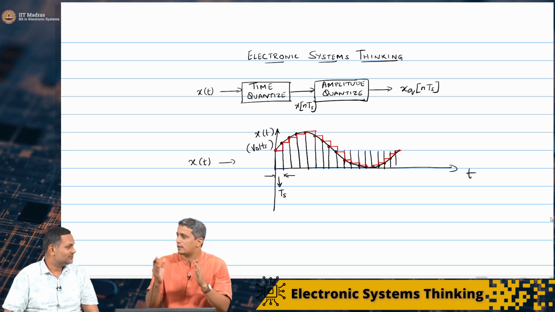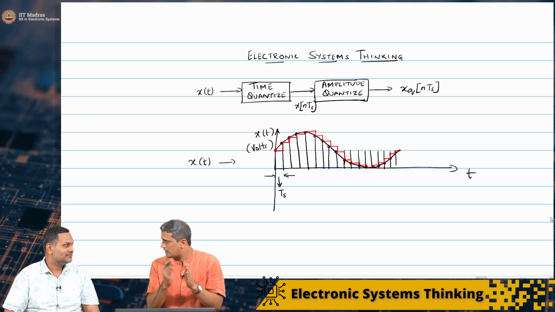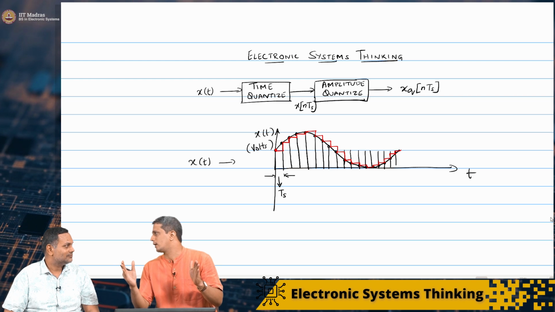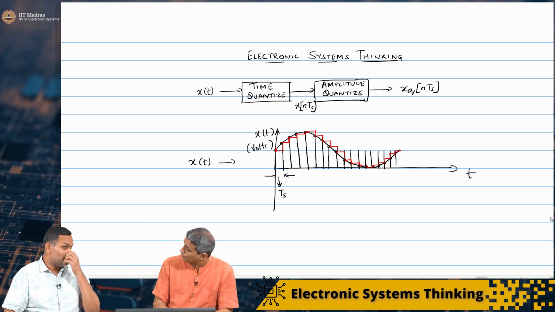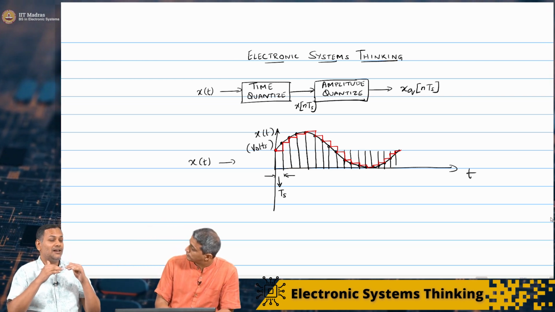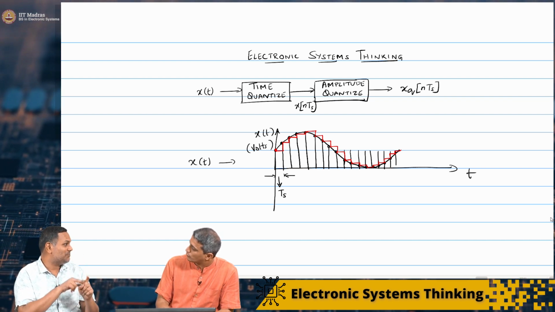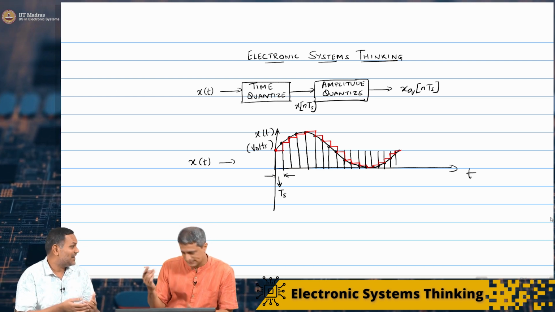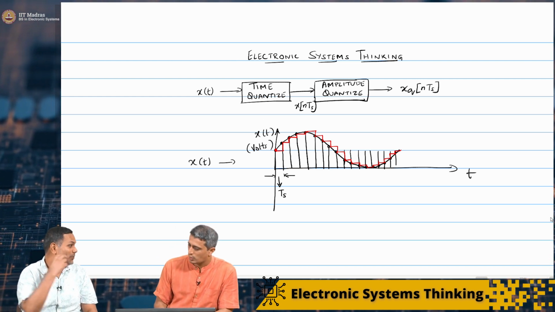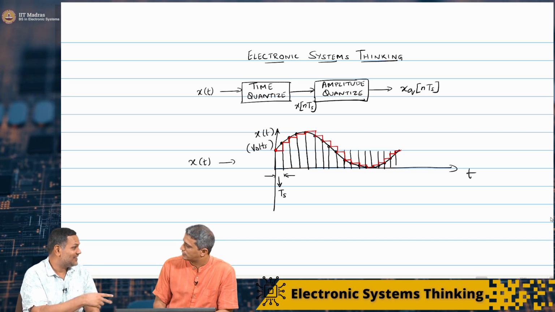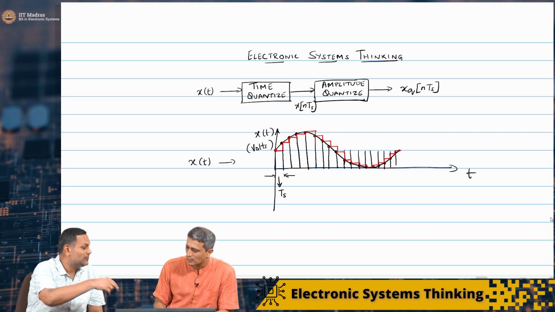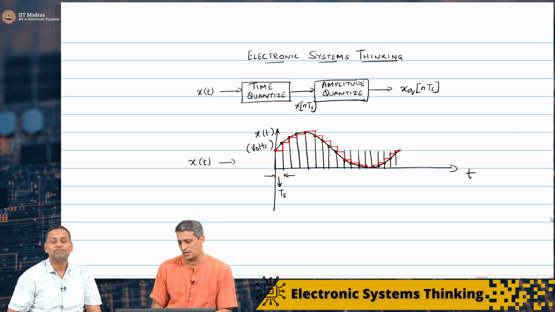It doesn't matter where you sample in that instant, and you just hold that data for that period. We said we should be sampling such that between adjacent samples the signal does not change much at all. Then you will approximate the signal, so x of nTs will be as close as possible to x of t.